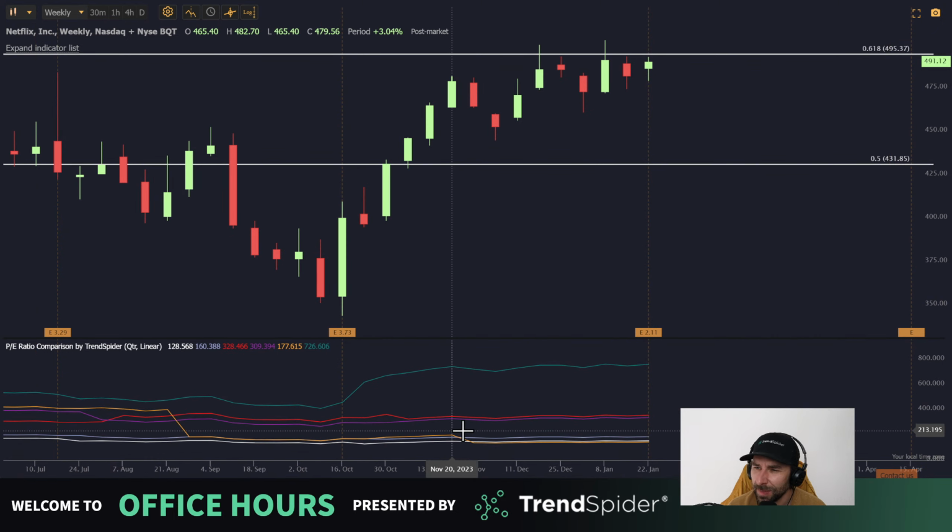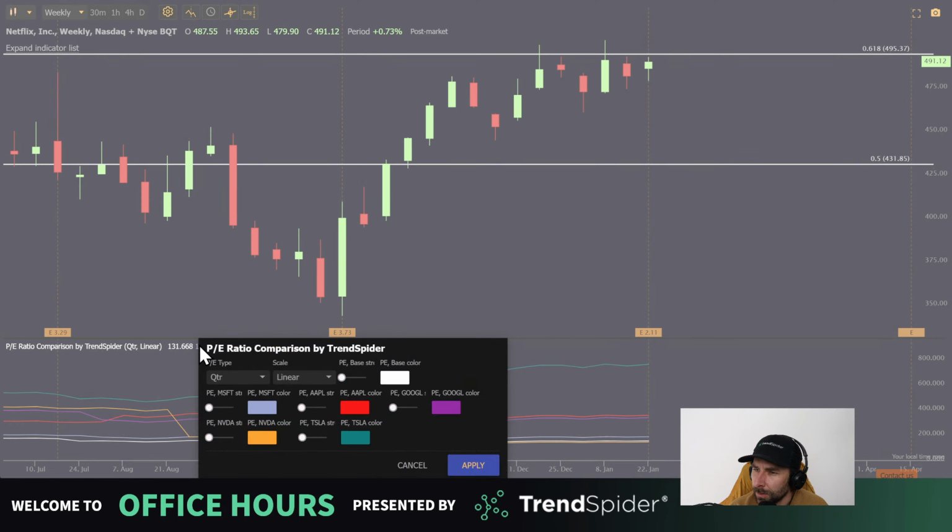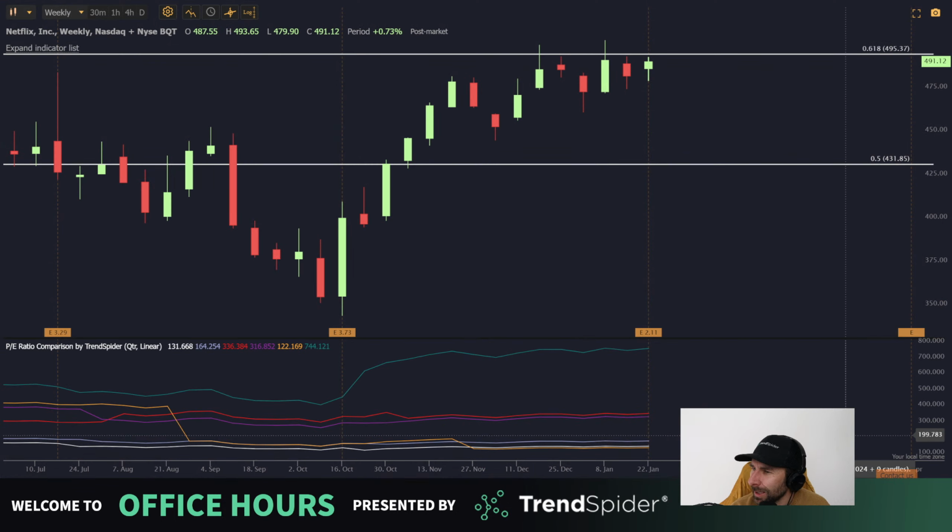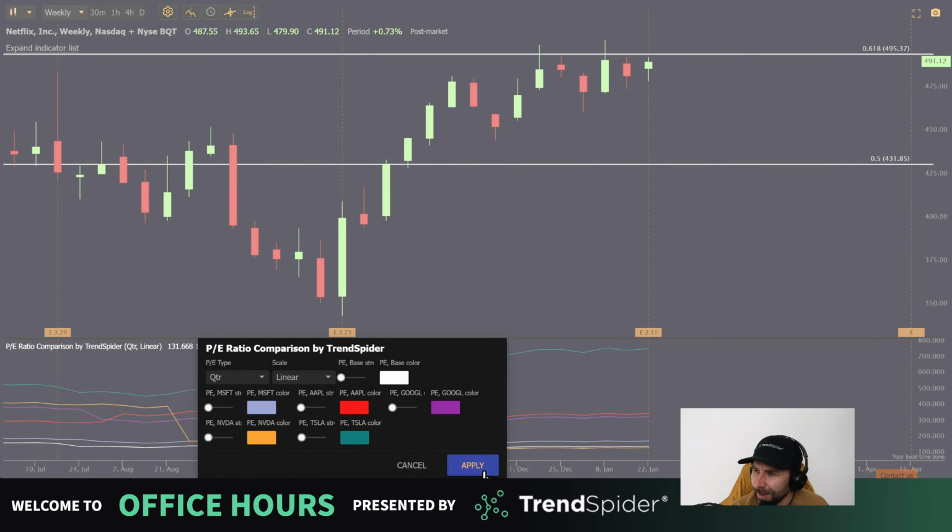And maybe I shouldn't be comparing it to these names, but you've got Microsoft, Apple, Google, NVIDIA, and Tesla. And you would look at price to earnings. Here's Tesla, and here's the rest of the pack. So red, I believe, is Apple. Yeah, red's Apple.